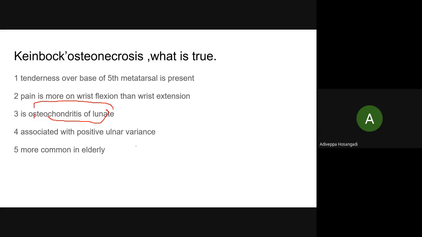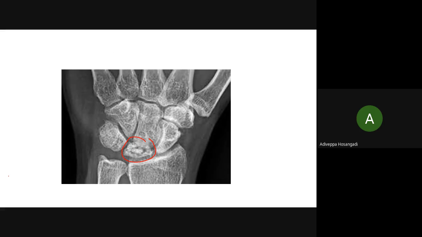I wanted to explain you one more thing here. There's some word which we came across associated with positive ulnar variance. I'll show you this diagram here, so you will remember. See here what happens. The distance between the articular surface of the ulna and the articular surface of the radius is called as ulnar variance.